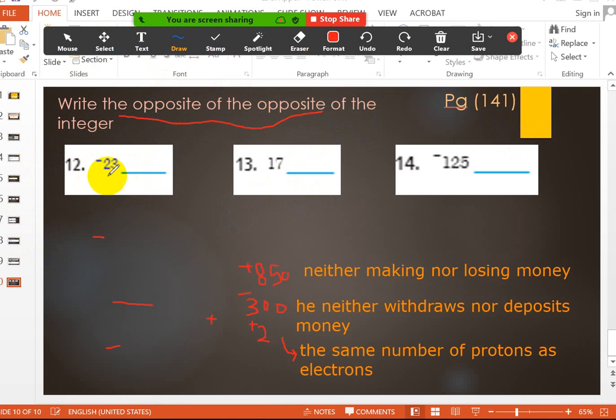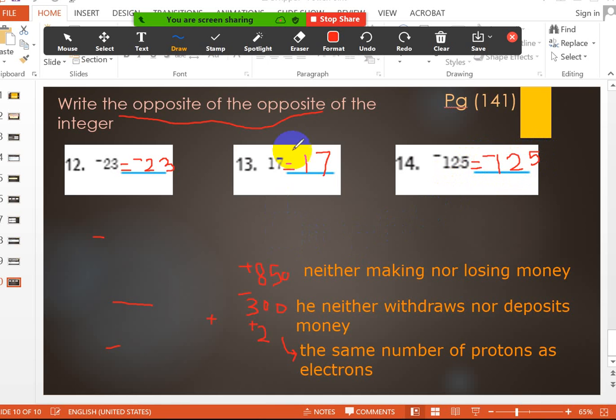The opposite of the opposite of negative 23 equals also negative 23. The opposite of the opposite of 17 equals the same number, 17. The opposite of the opposite of negative 125 equals the same number with the same sign.